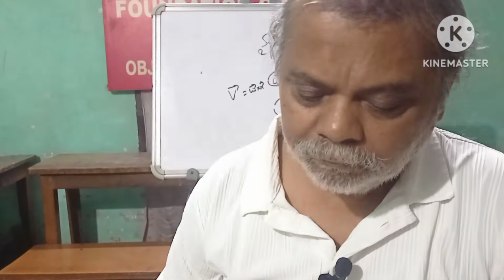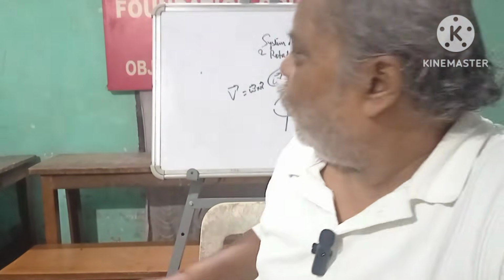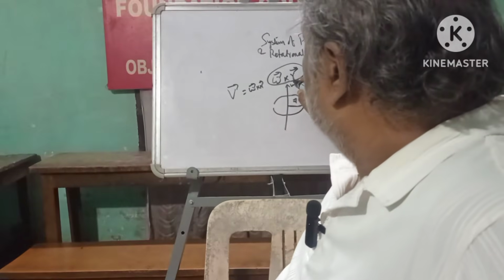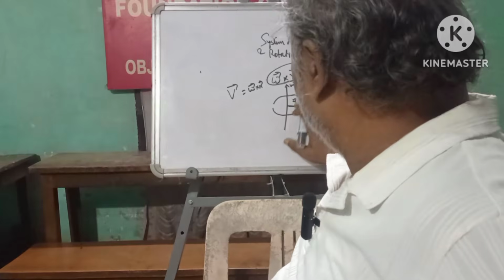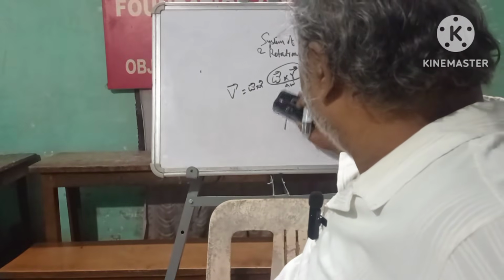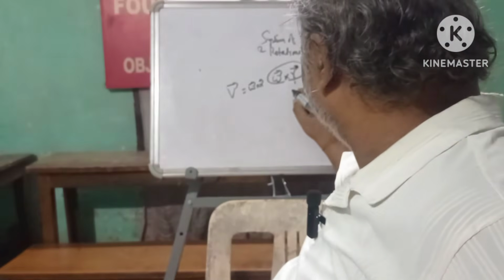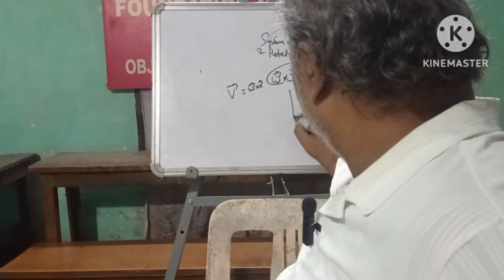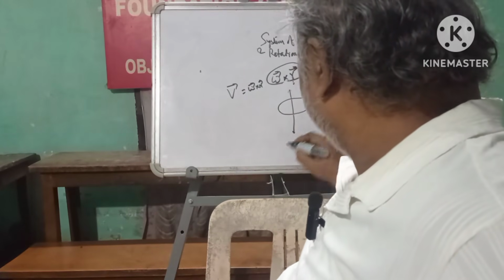And one more thing it has told here, that is the magnitude of omega cross R. First of all, let me explain more. This is a particle rotating here.